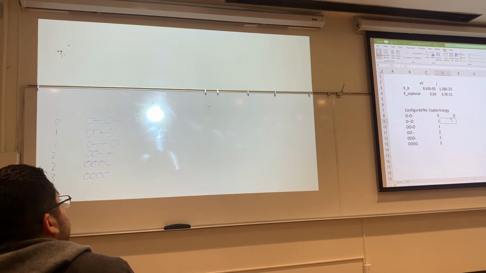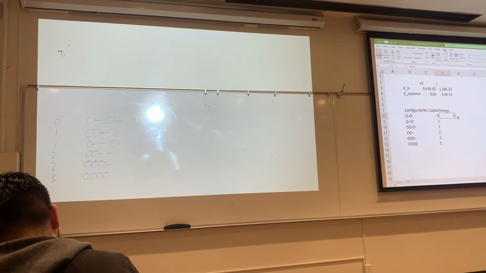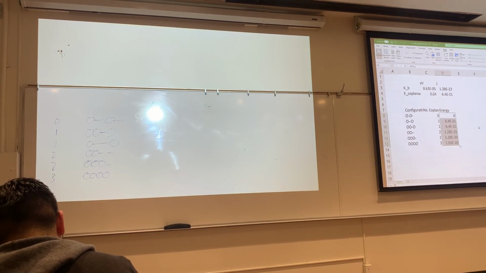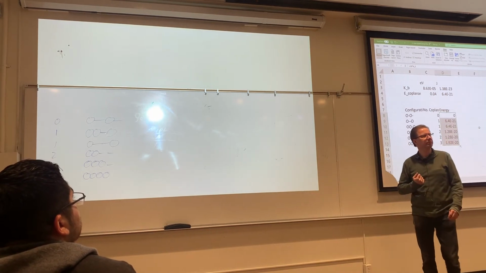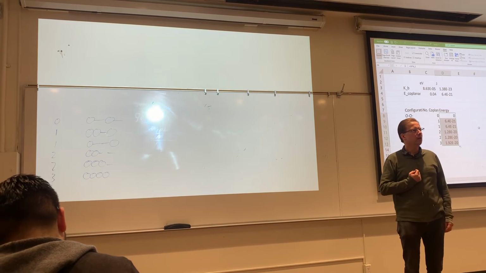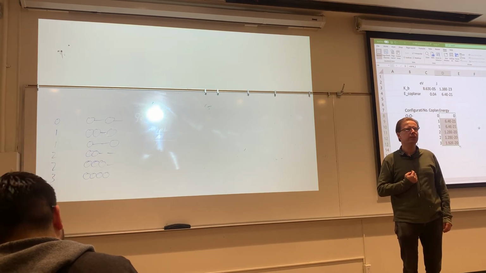Okay? So I can immediately calculate what are the energies of those states. So now I know the energies for each one of these states.